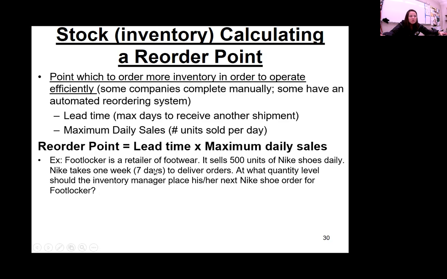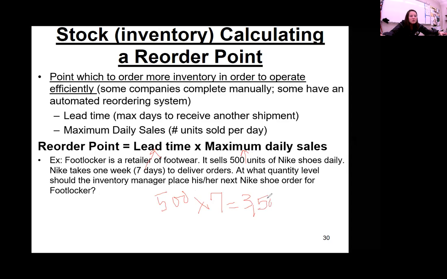So all you would do is multiply your lead time, which is your 7 days, by your maximum sales each day, which is 500. So 500 times 7 is 3,500.